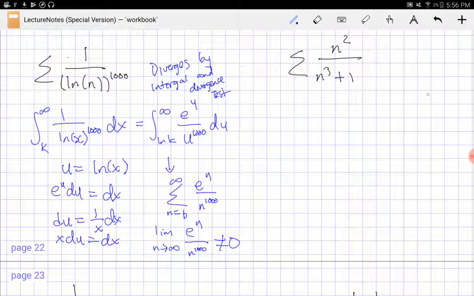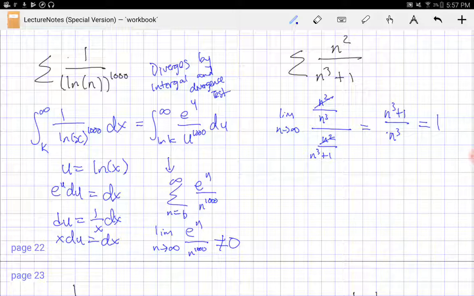For the next series, again, since I have a polynomial over polynomial, I'm going to use the limit comparison. The limit as n goes to infinity of the highest power in the numerator, which is n squared, over the highest power of the denominator, which is n cubed, over n squared over n cubed plus 1. This is equal to, n squared and n squared cancel out, and we have n cubed plus 1 over n cubed, and this is equal to 1.